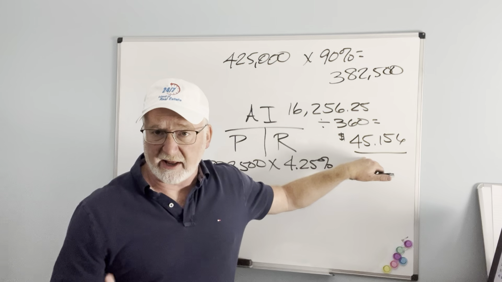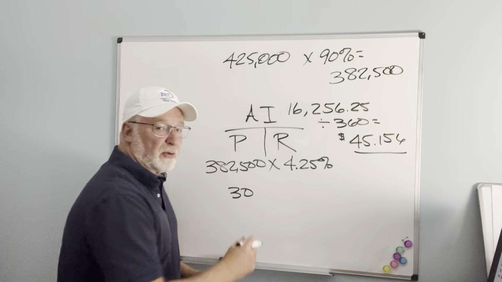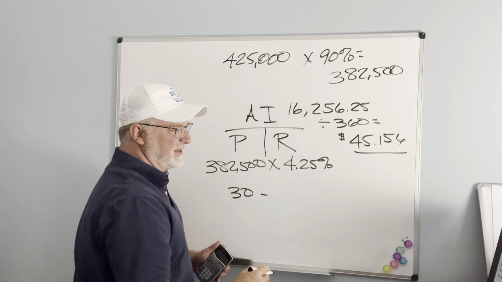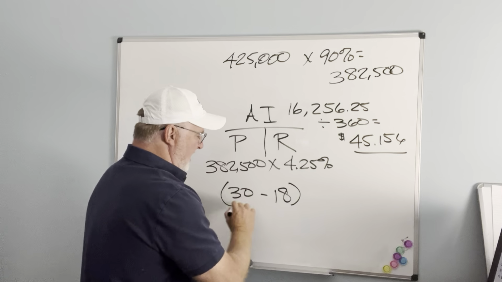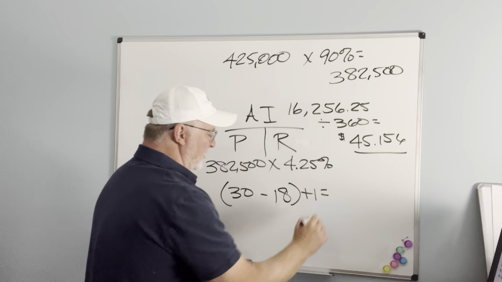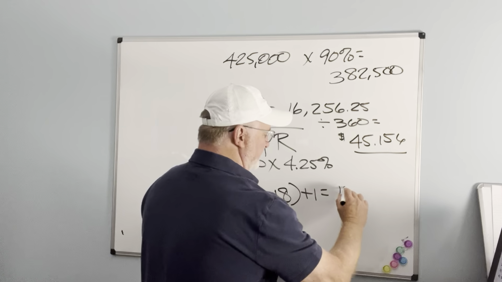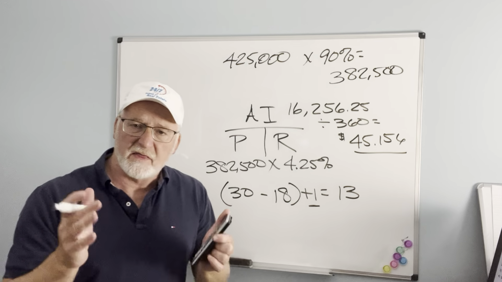When you're calculating the interim interest, you take the number of days in a month, which is always 30. You subtract the closing date, which is June 18th. And then you add the day of closing. So 30 minus 18 is 12, plus 1 is 13. Why did I add in the day of closing? Think about it.